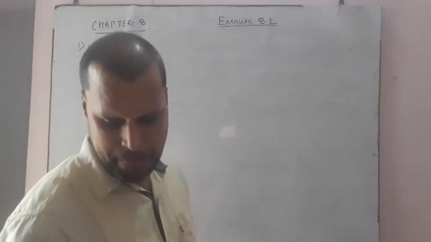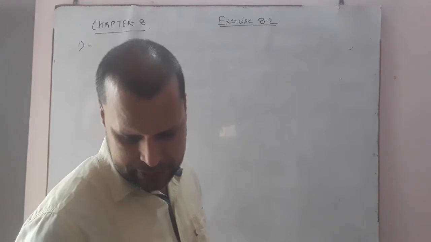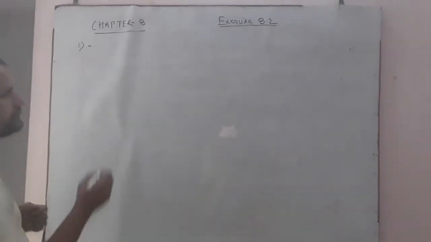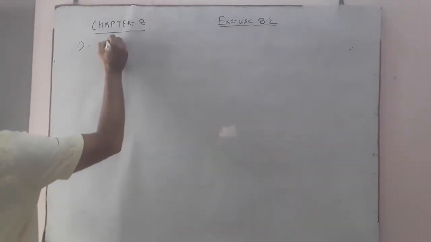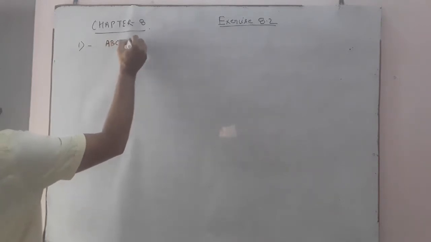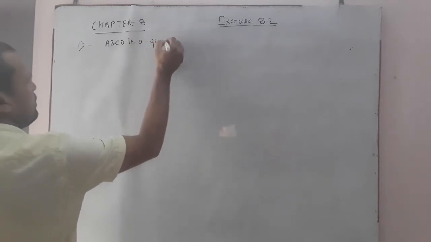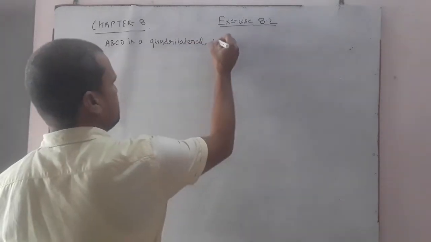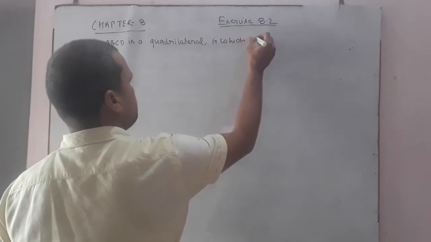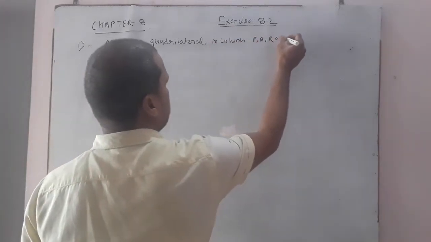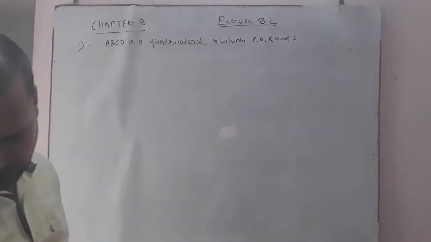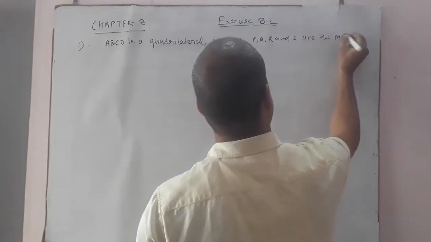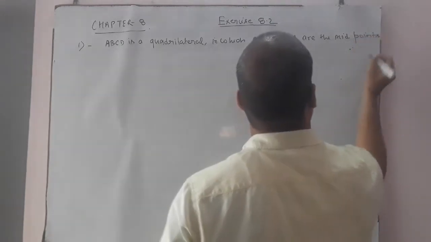In the first question, ABCD is a quadrilateral in which P, Q, R and S are the midpoints of the sides.